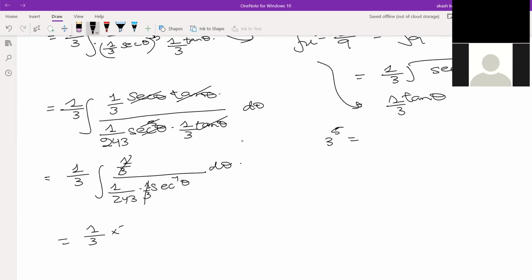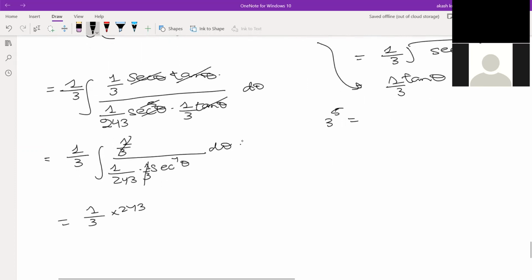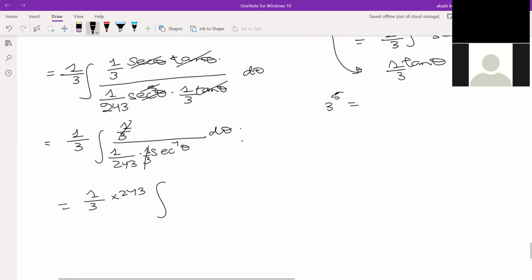So it becomes 243 multiplied. Inside will be left 1 over sec^4 theta d theta. 3 goes into 243, 81 times.